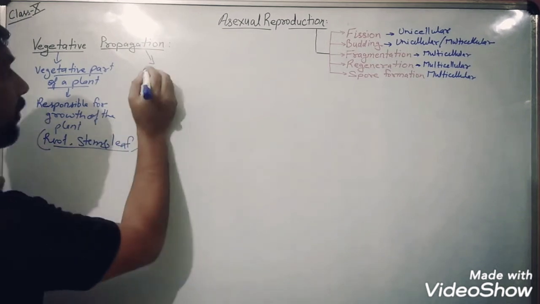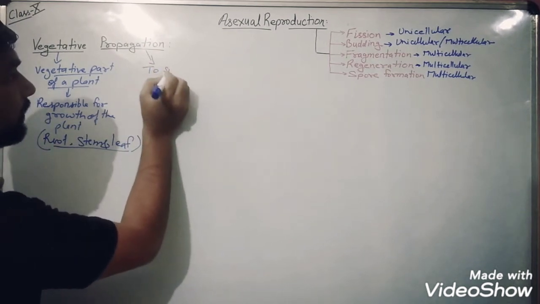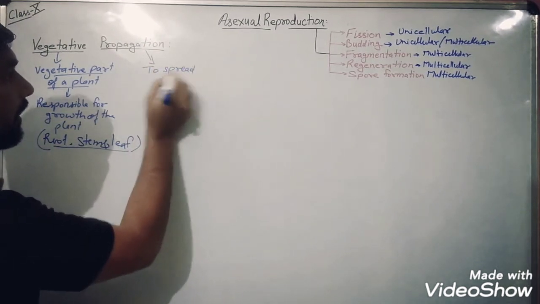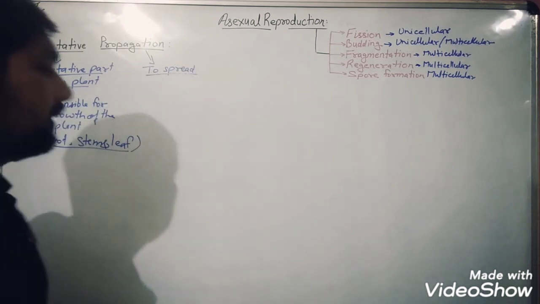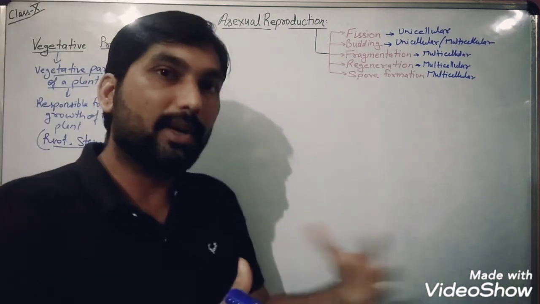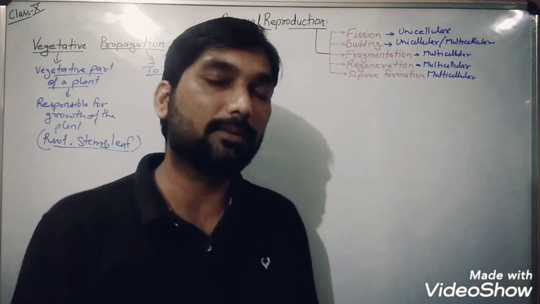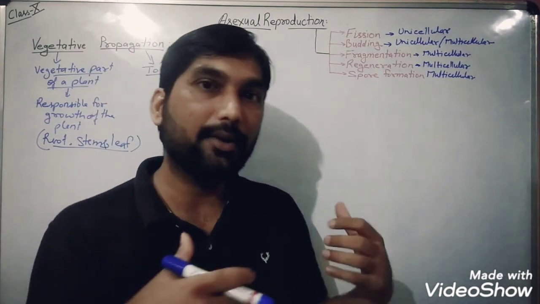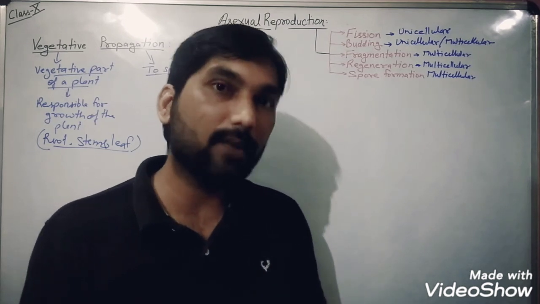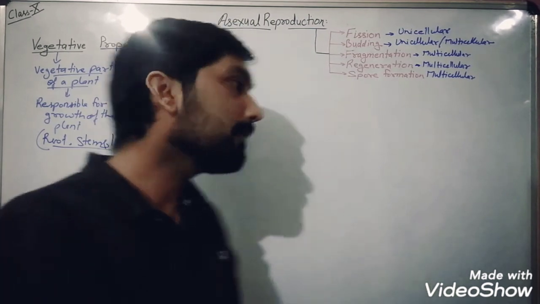Propagate means to spread. How can living organisms spread themselves? Just by providing new organisms or new individuals of their same kind.